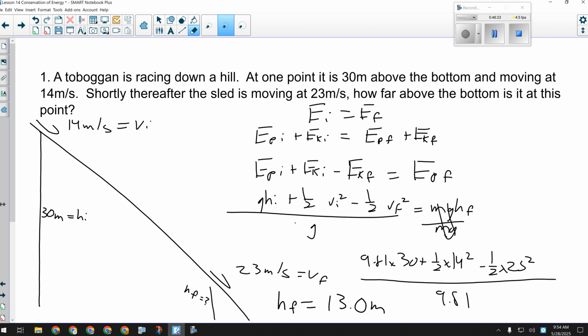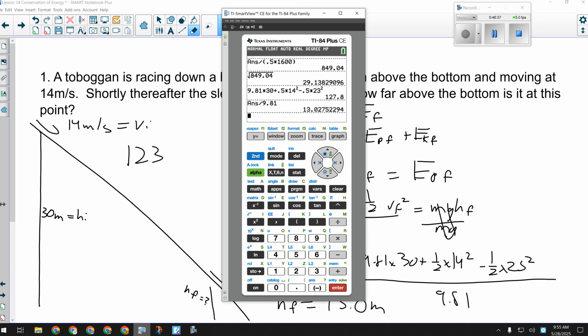Now, just to prove to you that mass makes no difference, I'm going to do the same calculation with a mass of 123 kilograms. See if we get the same number. Okay, so we'll go 123 times 9.81 times 30, okay, plus 0.5 times 123 times 14 squared, okay, minus 0.5 times 123 times 23 squared, okay, divided by 123 times 9.81.